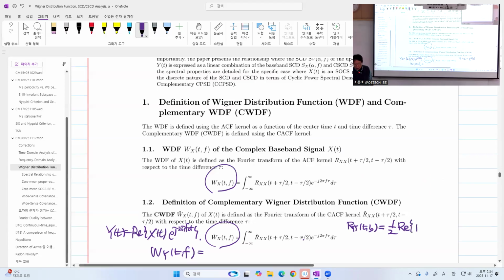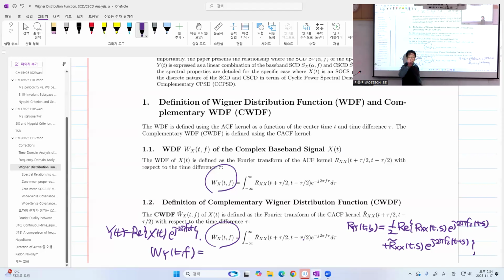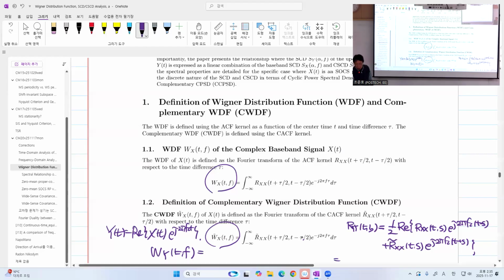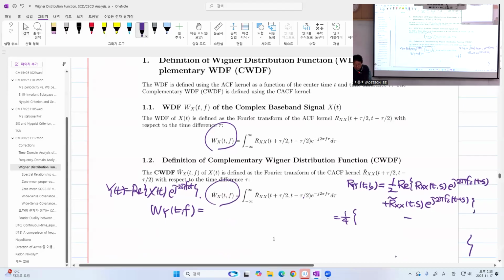We have the autocorrelation times e to the j 2 pi fc (t minus s), and the complementary autocorrelation times e to the j 2 pi fc (t plus s), if I remember correctly. Or you can expand these things into 2 terms each, so you have 4 terms, right? So one fourth of something. And actually, we are going to use this one.